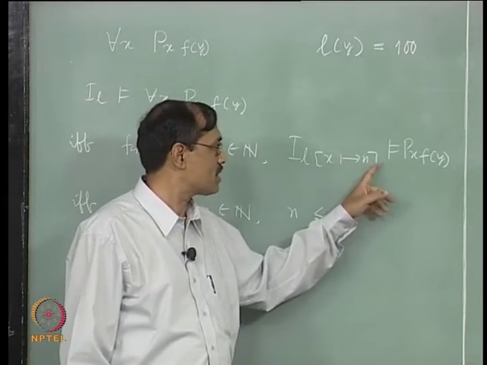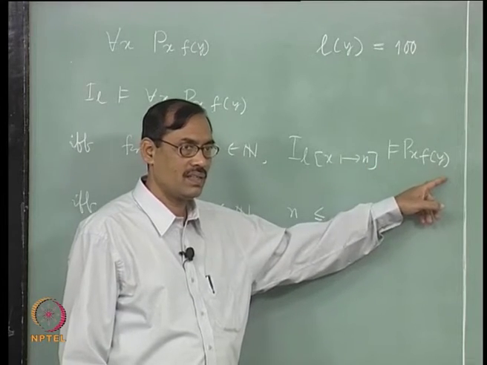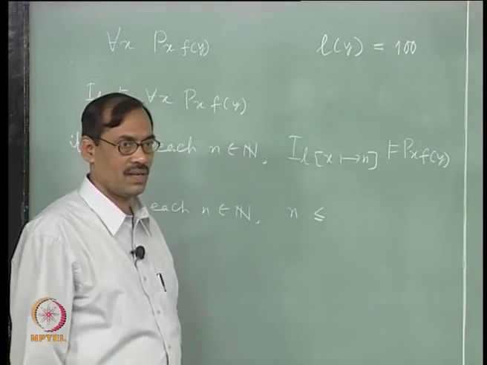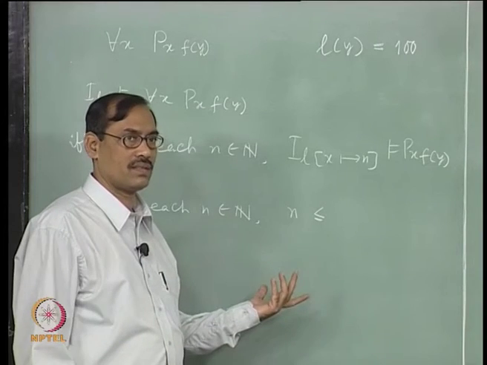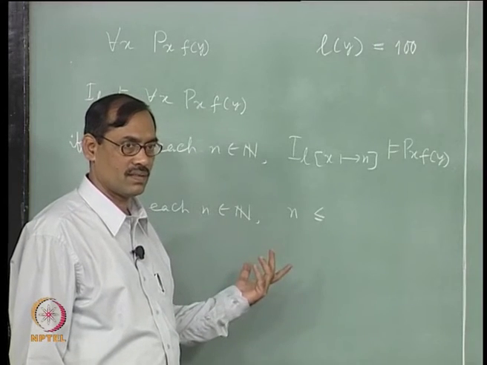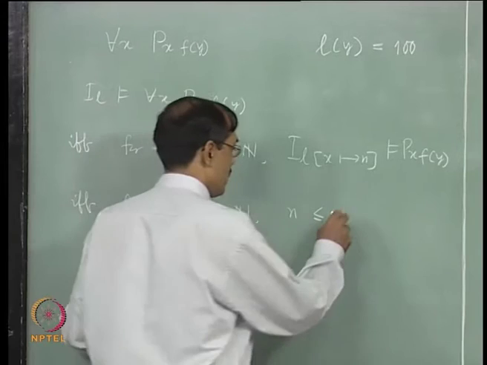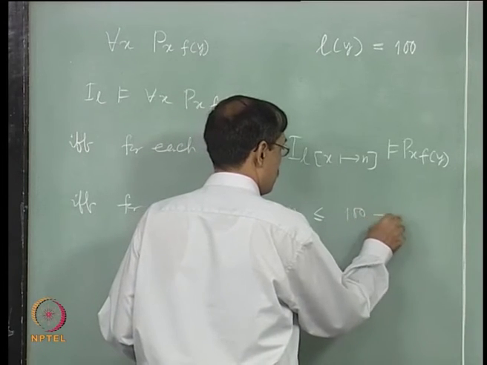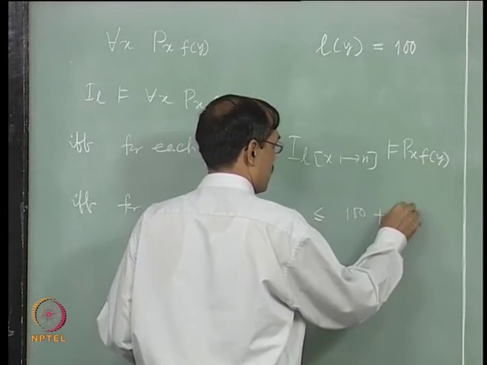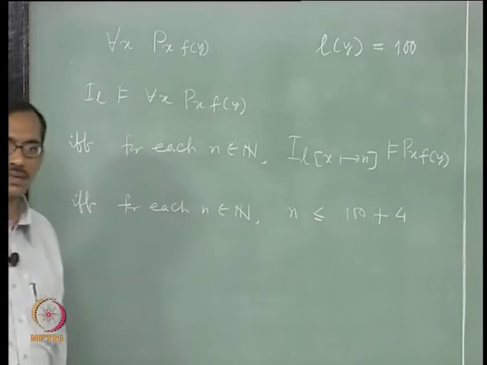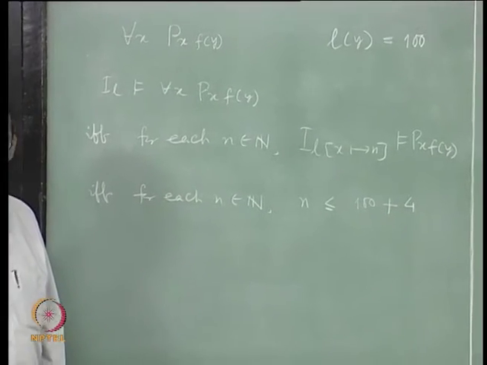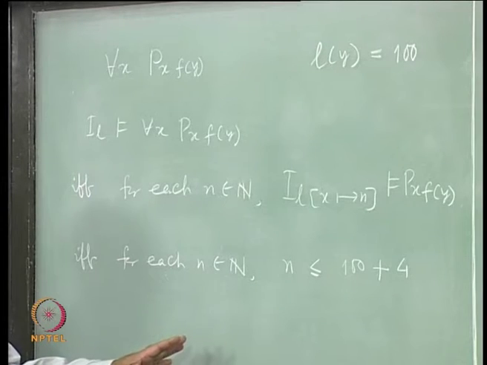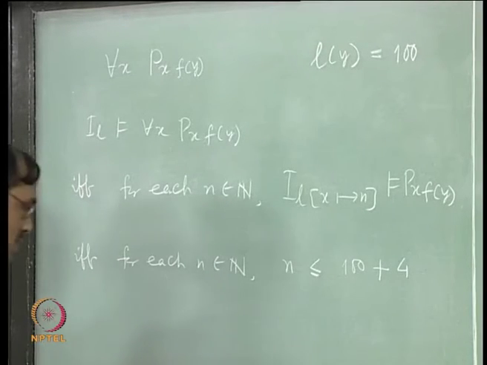So, L x fixed to n of y is equal to L of y, right, and L of y is equal to what? 100, fine. So, it will be 100 plus 4. Is it clear, or I take some more steps? We will write 1 or 2 more lines.